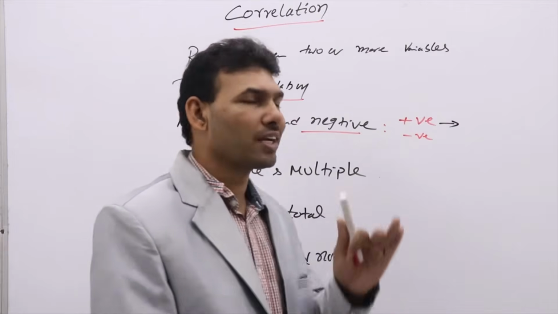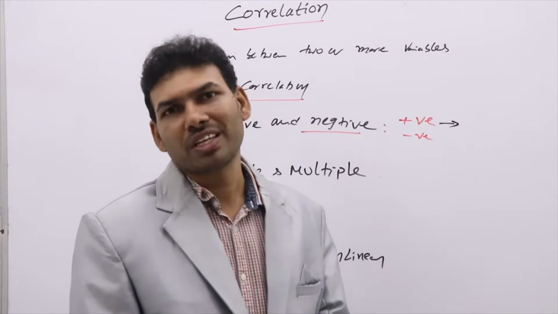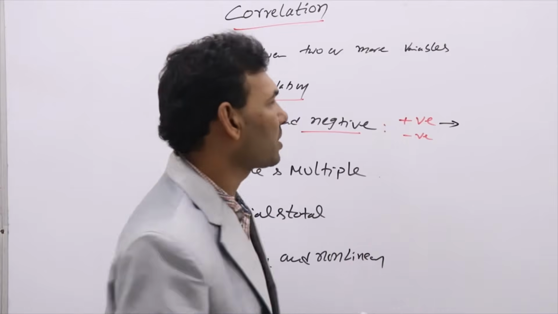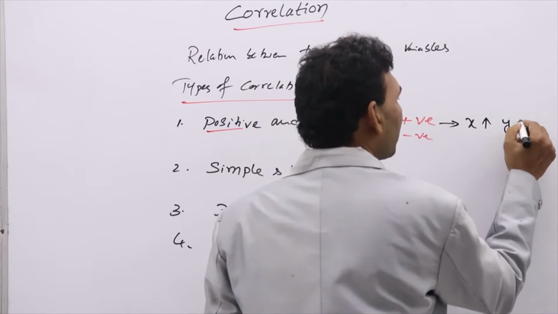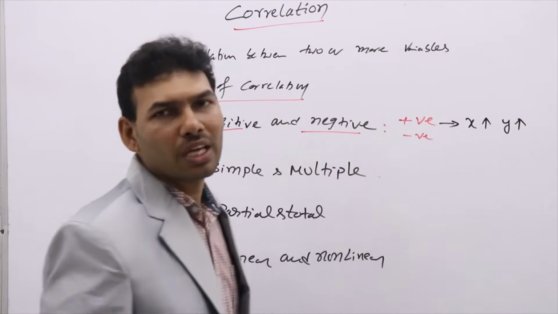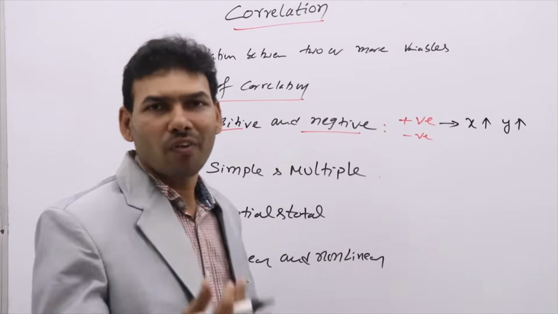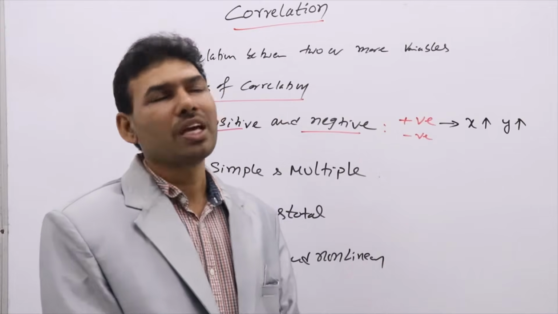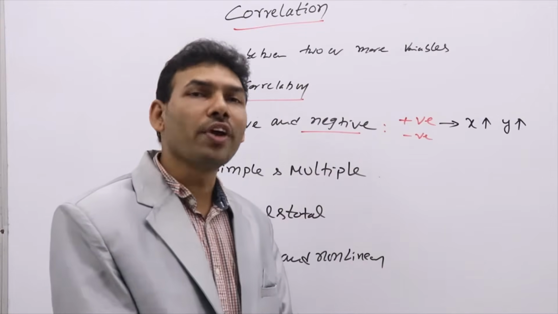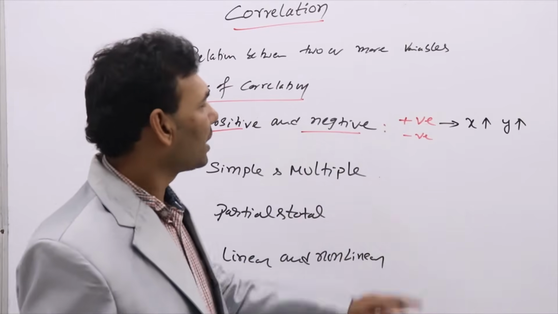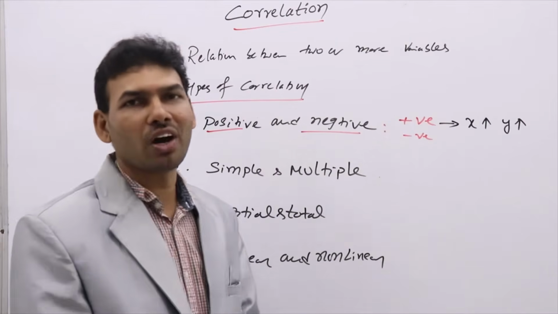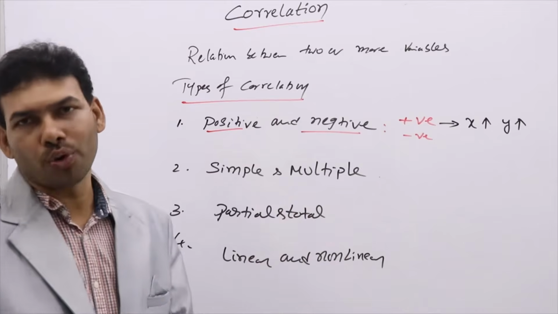Basing on direction, how they are changing, increase or decrease. What I am saying is, if x increases, y also increases. If x decreases, y also decreases. If the change in two variables is in the same direction, then we call that correlation positive correlation.